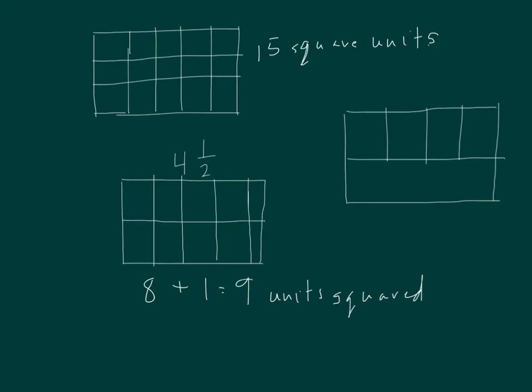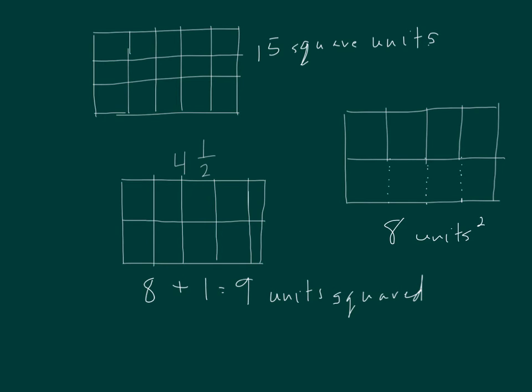So what we do is we finish those lines, and then we count up 1, 2, 3, 4, 5, 6, 7, 8. So for this last rectangle, it would be 18 units squared.